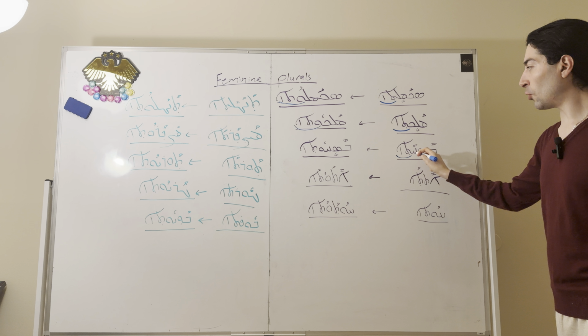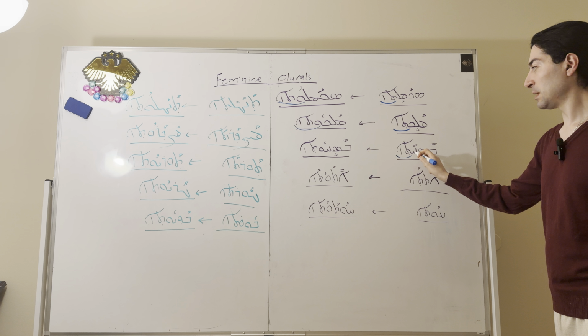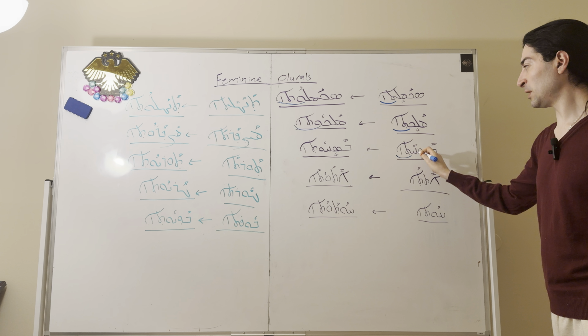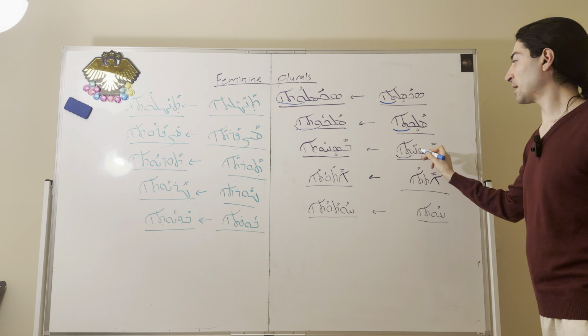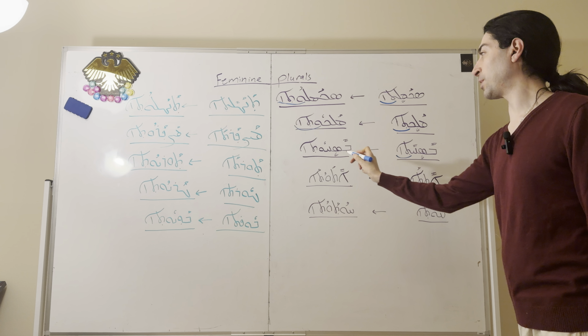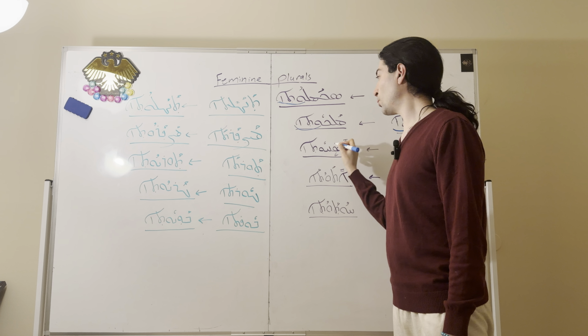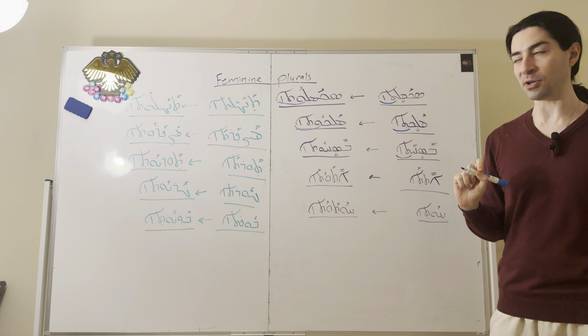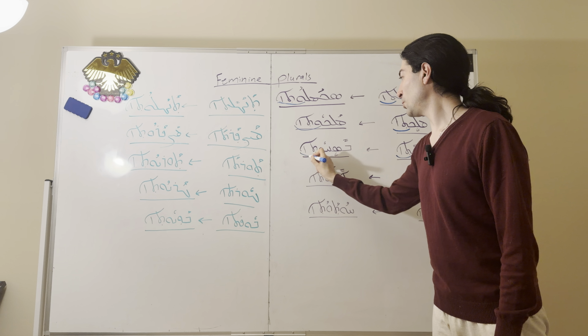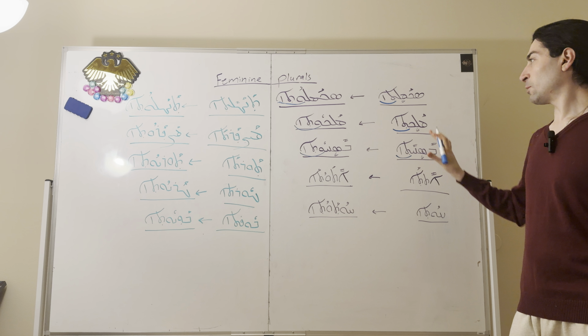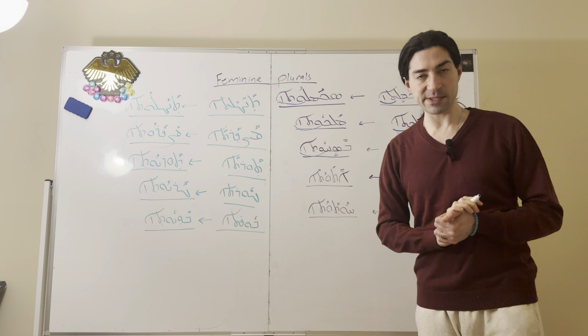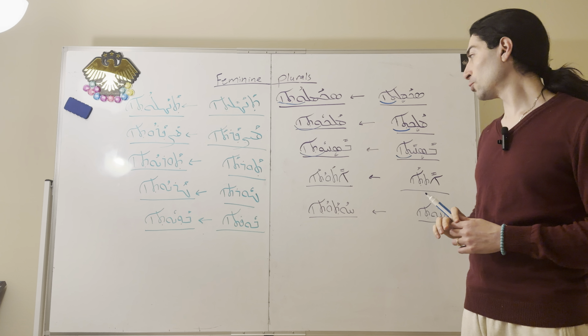We add an O before the tha. Remember, there's a ya sound here. So it becomes Bisin yutha. Bisin yutha means girls. Now, these are the simplest forms of the feminine plural.